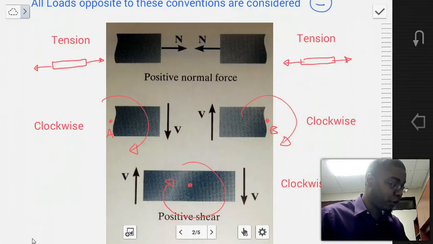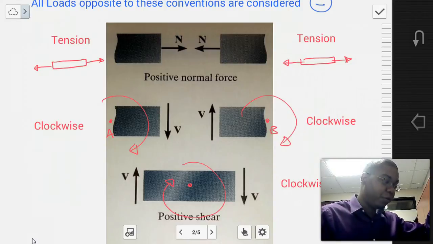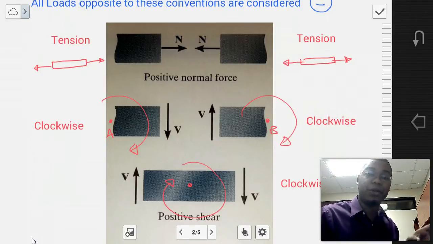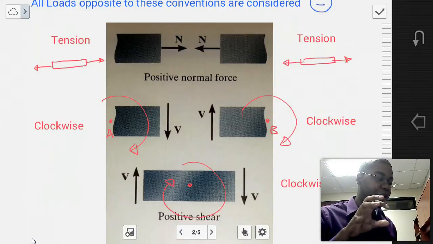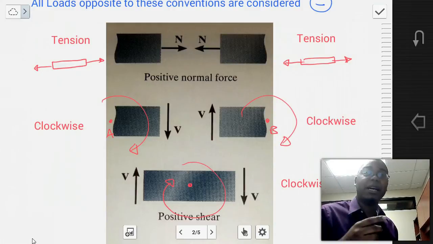Notice the left-hand side has the shear value going in the negative y direction, and yet it creates a clockwise sense of rotation. Note that the right-hand side of the section has an upward pointing shear value, an upward pointing V, so a positive V, and it's creating a clockwise sense of rotation at some distance.